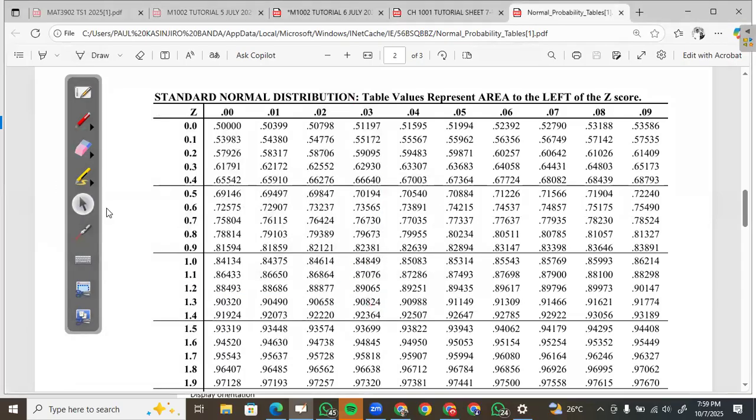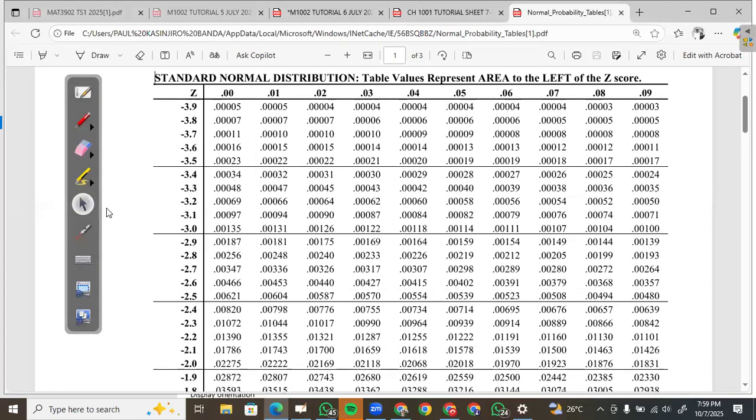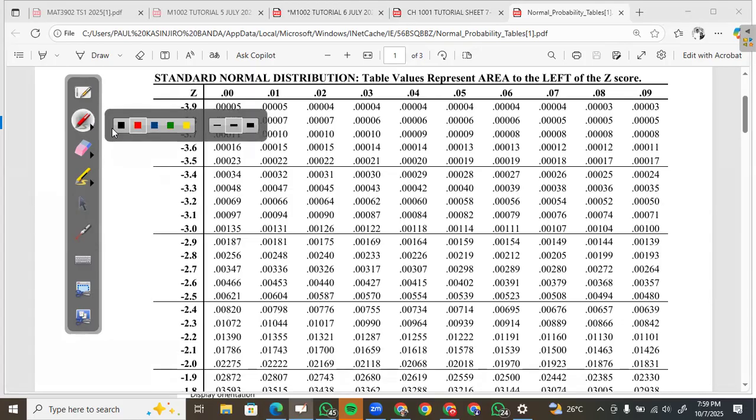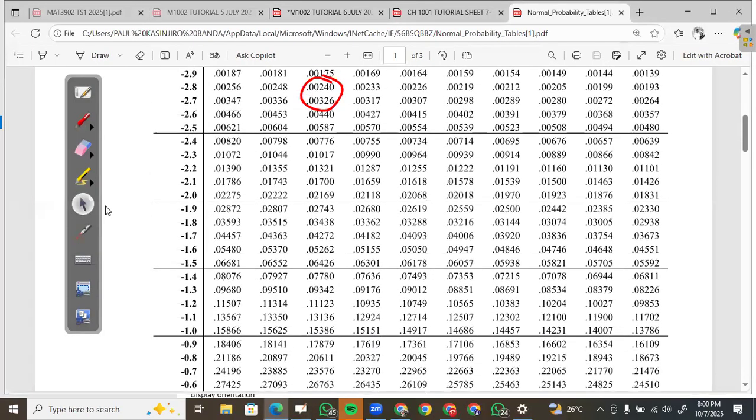The negative is on top here. For the negative, we have minus 1.12, so the minus 1.1 will be here, and then here I'm looking at the 0.02. I've already marked it in advance.